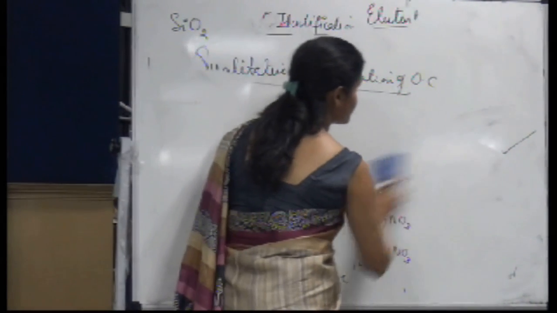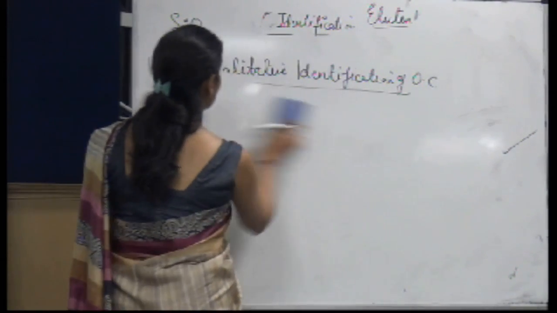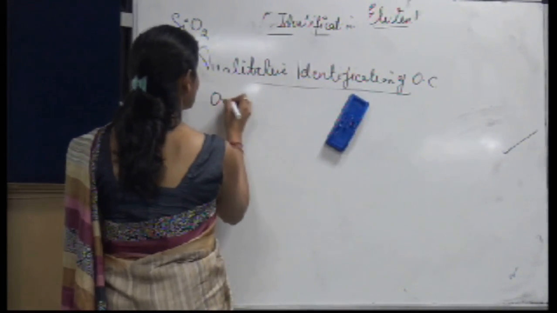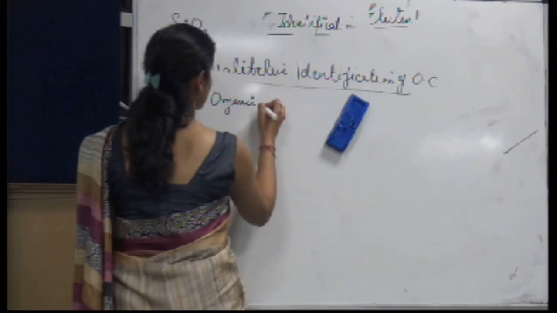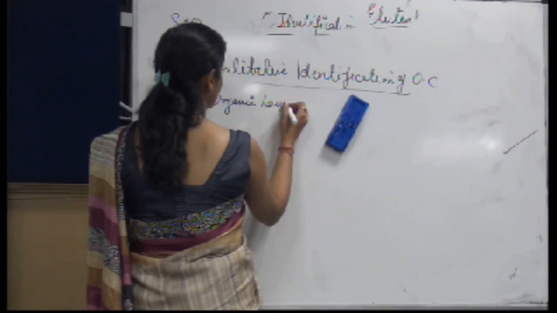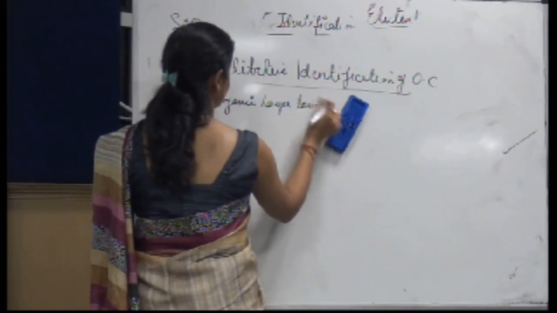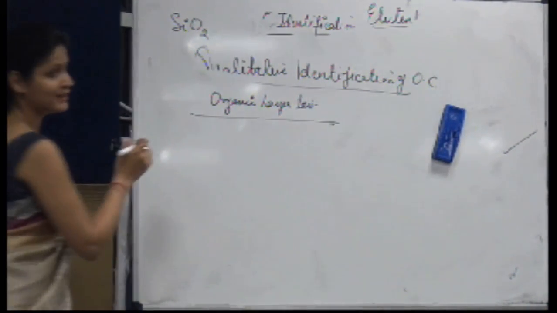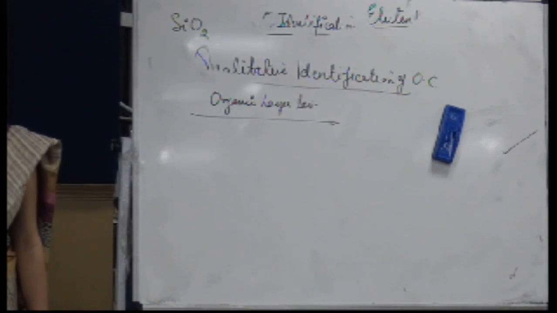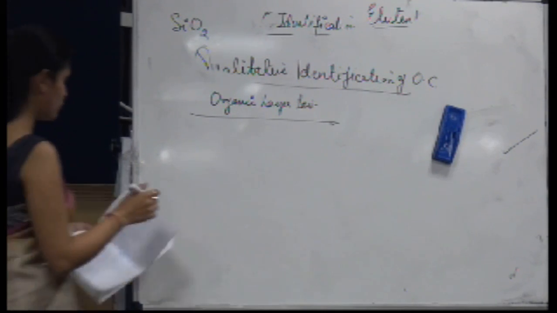There is another confirmatory test for halogens which is known as the organic layer test, or you can say layer test. What is layer test? What do you do in layer test?